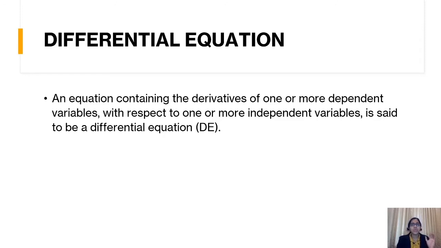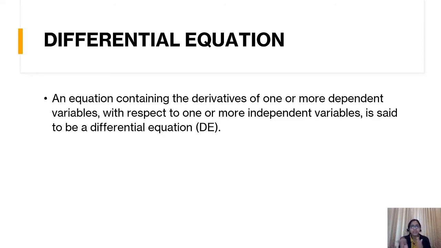It consists of derivatives, which can be simple derivatives, dy by dx, or d square y by dx square. Higher order derivatives and partial derivatives are also possible. The equation can contain one or more dependent variables or one or more independent variables.